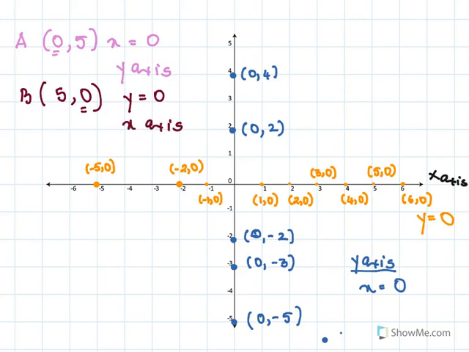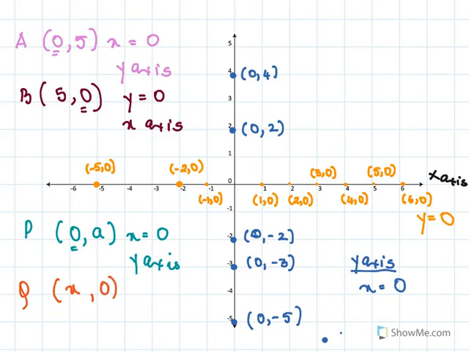In general, suppose I have a point, say P, which is (0, a), on which axis will it lie? We know the x is equal to 0, so it will lie on the y-axis. And if I take up another point, say Q, which is (x, 0), now here I know the y is 0, so it will lie on the x-axis.